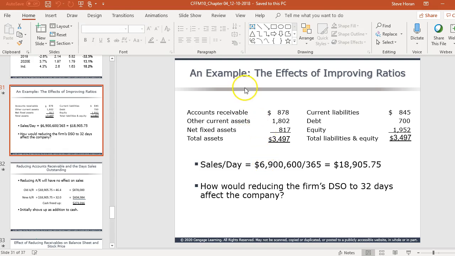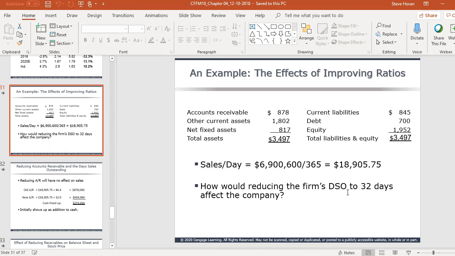Okay, and then what they like to do is say, if we do this, then what? So the hypothetical here is, if we're able to reduce DSO down to 32 days, how would this affect the company? So let's just say we're going to work more closely at our collections and work with our credit department to get maybe a little bit more firm to get collections done at the right time.